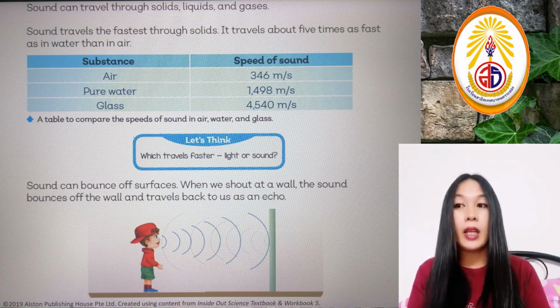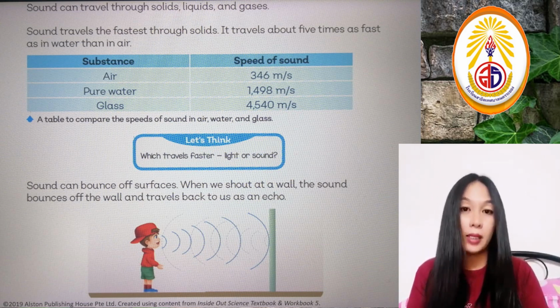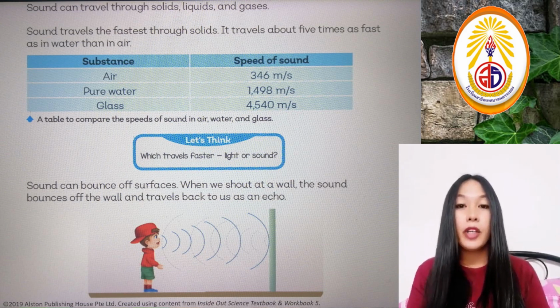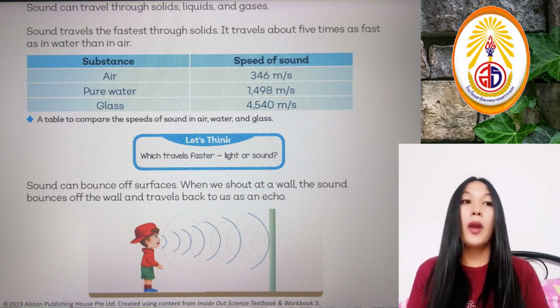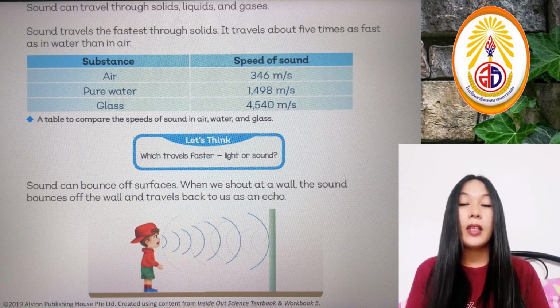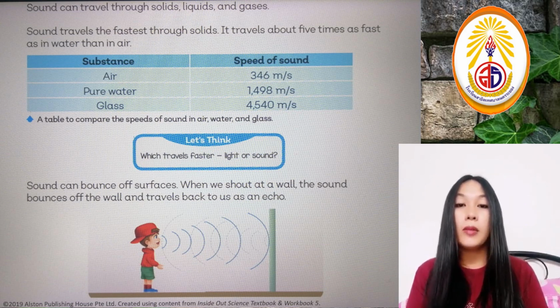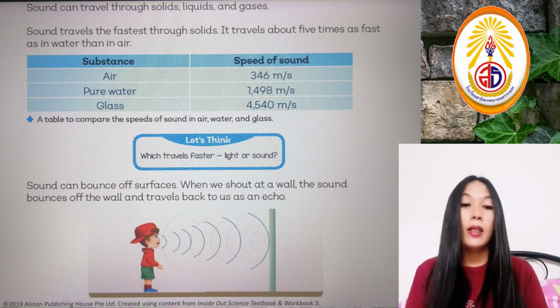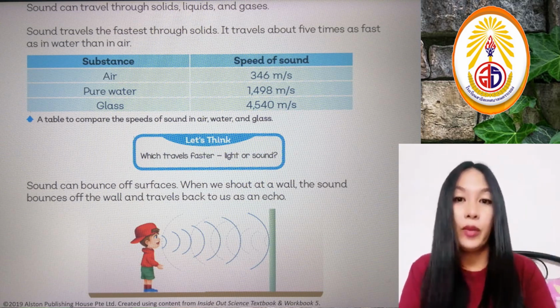That's why it cannot travel through a vacuum space, an empty space. Okay, so sound needs a medium for it to travel. That's why it can travel through the particles of solid, liquid, and gas. And it cannot travel through an empty space where there are no molecules that the vibrations can travel through.